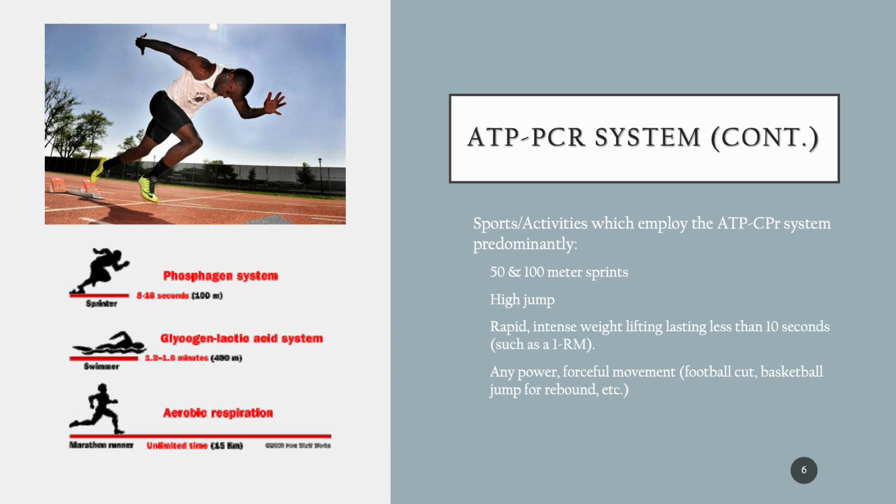To your left, in red, the phosphagen system, this is the ATP PCR, provides energy from 0 to 10 seconds. After that, the glycolysis system turns on and then the aerobic system turns on. And we'll talk about how those energy systems supply us with energy as well.